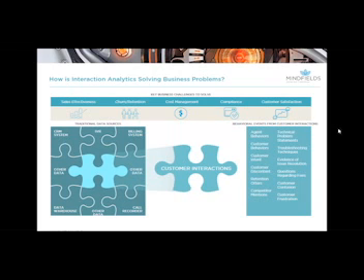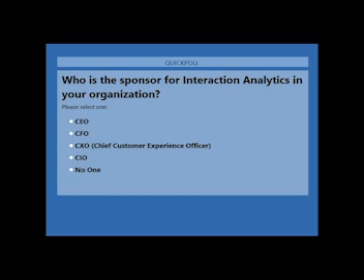So Neeraj, as we have multiple channels for interaction, it also becomes very important who is sponsoring this particular initiative in the organization. So I would like to throw a poll to the audience about who is sponsoring the current initiative of interaction analytics in their organization. We have options like CEO, CFO, CXO, Chief Customer Experience Officer, CIO, or no one currently.